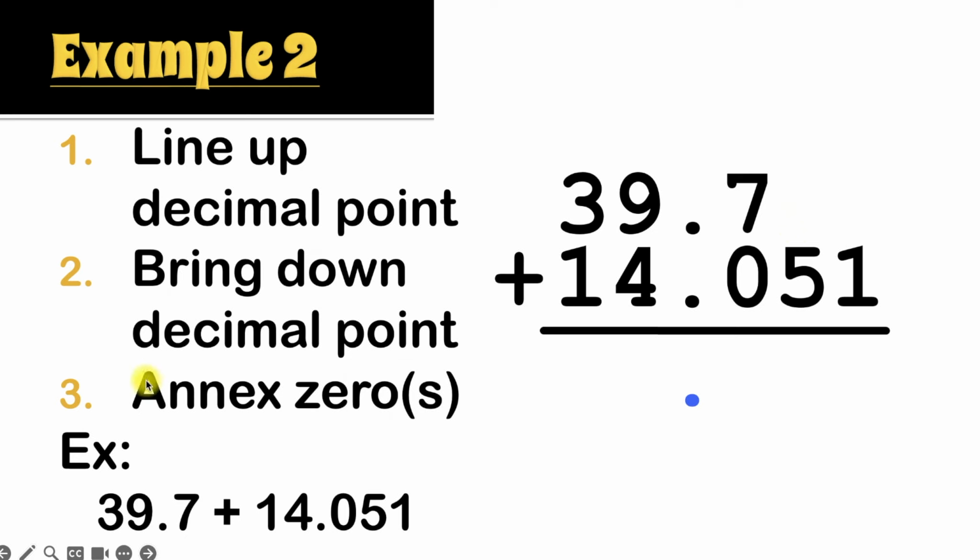So we can go to step 3, which is to annex zeros. So we'll annex a 0 here on top of the 5, and another one here on top of the 1.